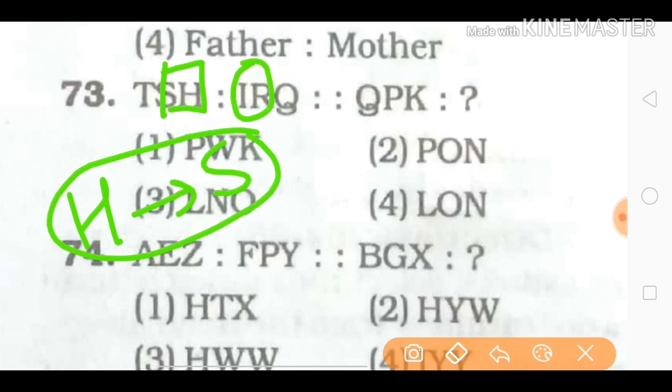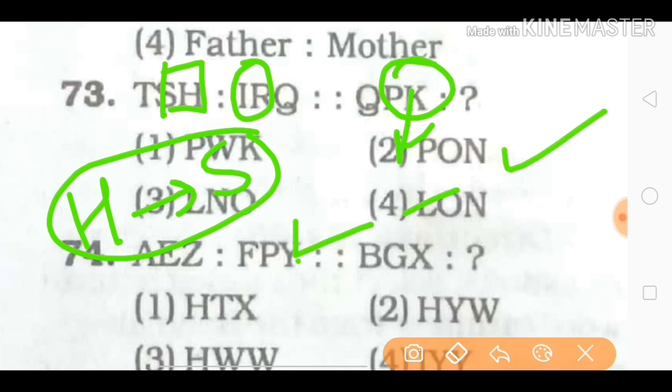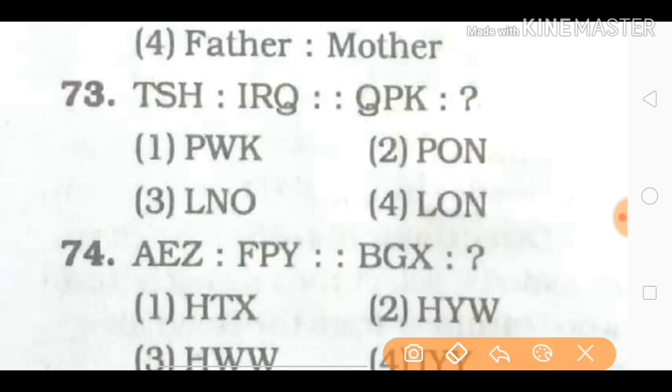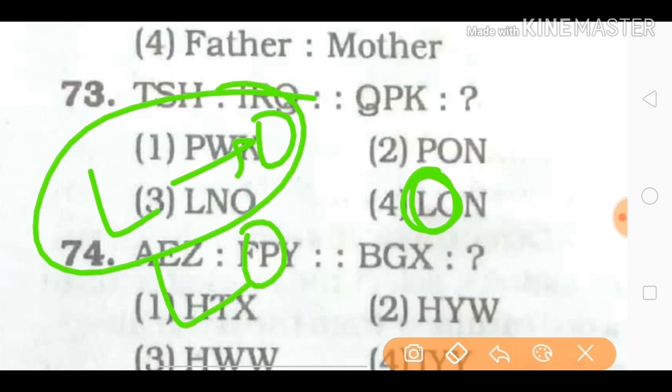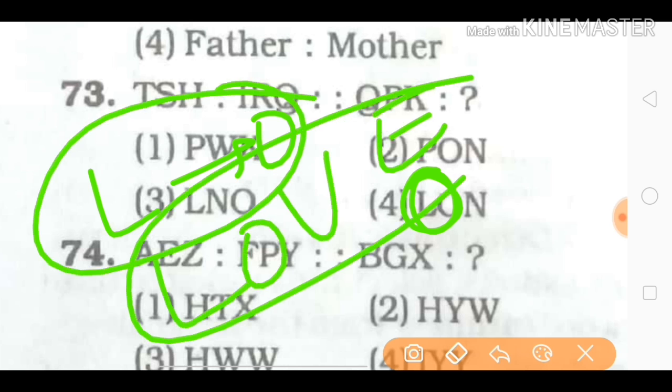Here IR is opposite, right? KP, Kanpur, is opposite. So what is opposite? The next one should be this one, this is opposite and this should not be opposite. So one answer only I am finding opposite is LO. L opposite is O. You can remember by LOV, love, right?